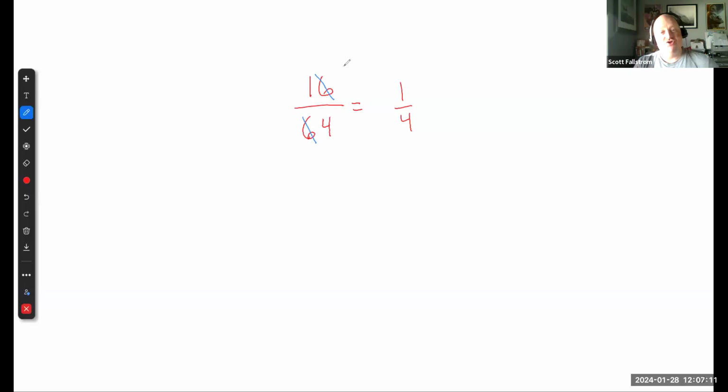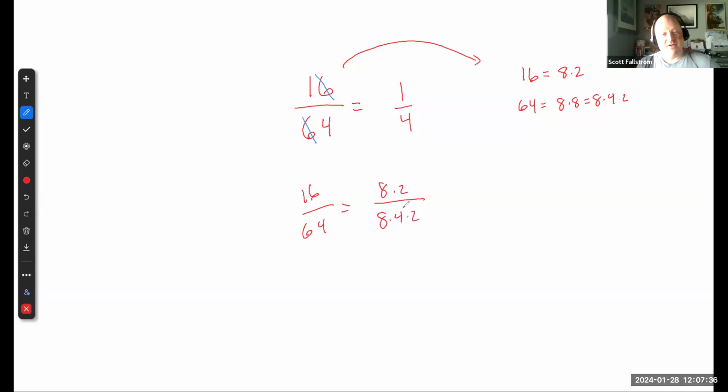But it just so happens that 16 is 8 times 2 and 64 is, let's see here, 8 times 8, which is 8 times 4 times 2. And so when you are simplifying 16 over 64 the proper way, you might get 8 times 2 here. You might get 8 times 4 times 2 on the bottom. And then as you go to eliminate, you cancel common factors, and you end up with 1/4.